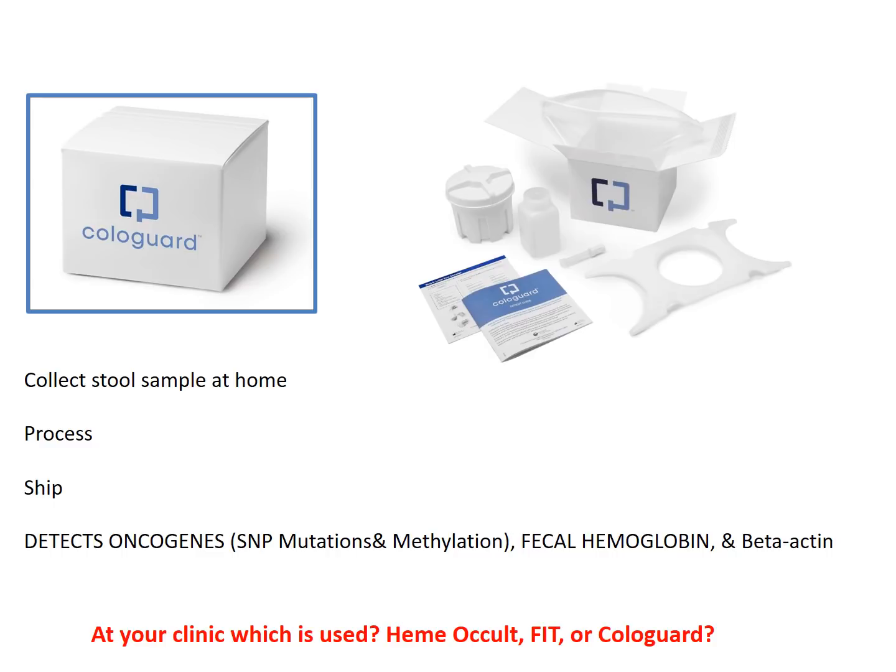So just have a basic understanding of the differences between those 3 screens and understand that only the Cologuard test, the newer test, is actually looking for certain DNA mutations associated with adenocarcinoma of the colon.